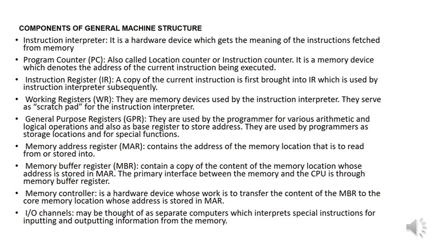So that takes us to working register, WR. They are memory devices used by the instruction interpreter. They serve as scratch pad for the instruction interpreter. Then we have general purpose register, GPR. They are used by the programmer for various arithmetic and logical operations, and also as base register to store address. They are used by programmer as storage location and for specific function.